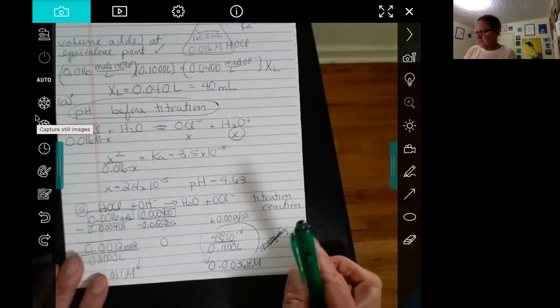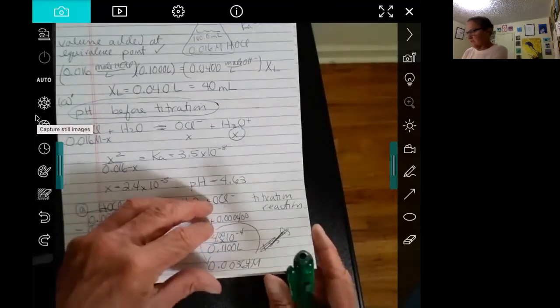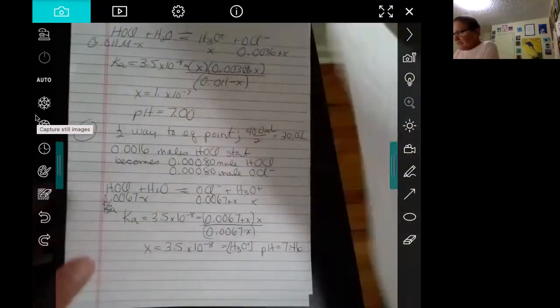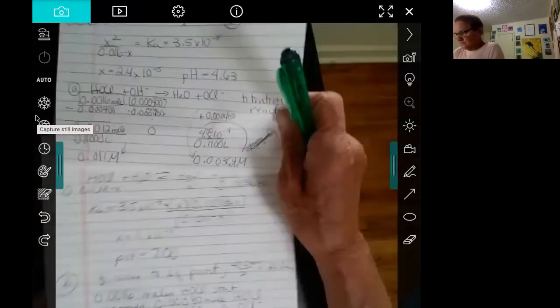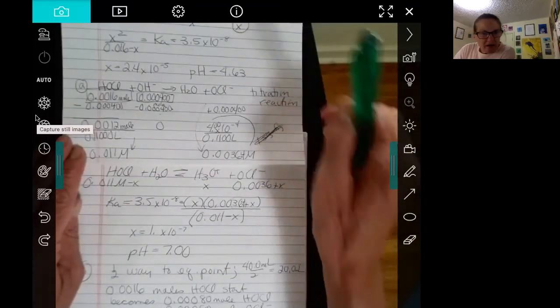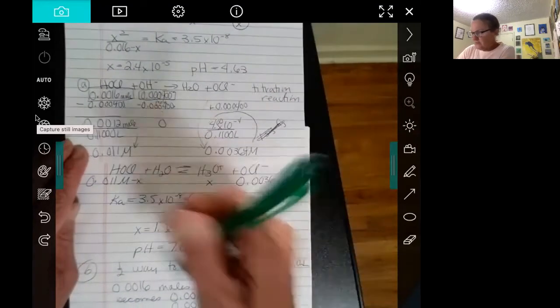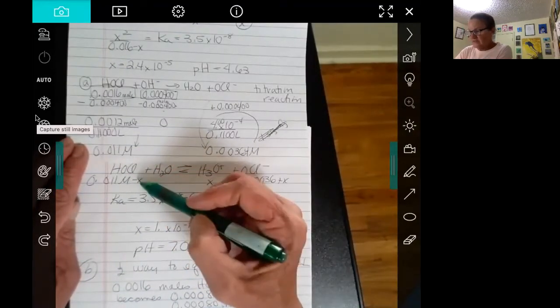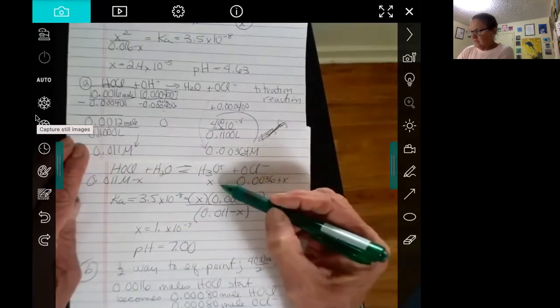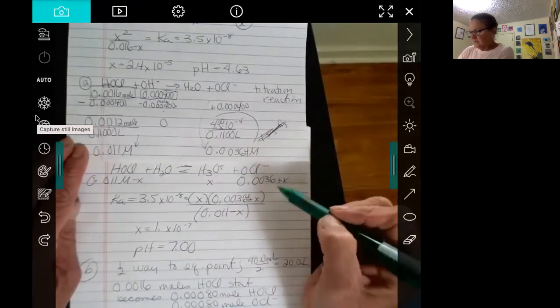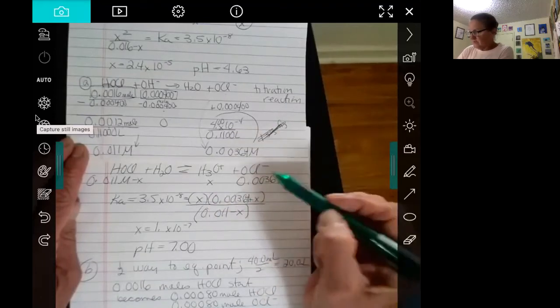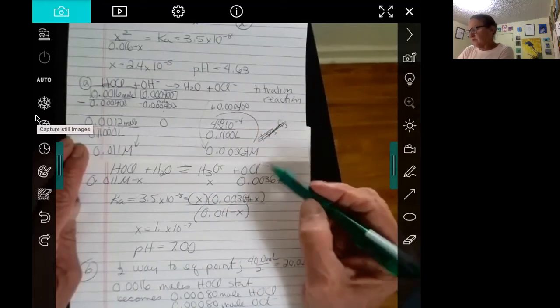Now we have to think about what happens because those are in equilibrium with each other. I start with the 0.011 molar weak acid. Some of it dissociates, which will give me some H3O plus. But I start with some of the conjugate base, which I created in the titration reaction.